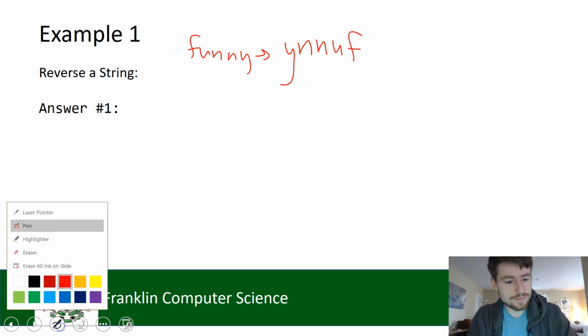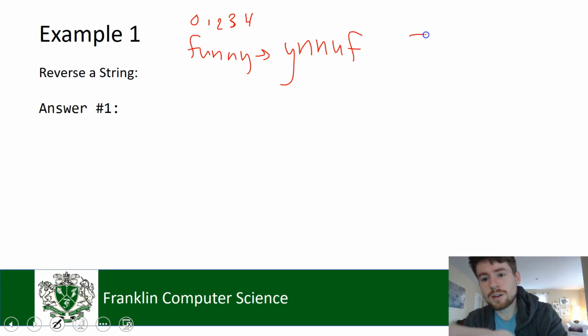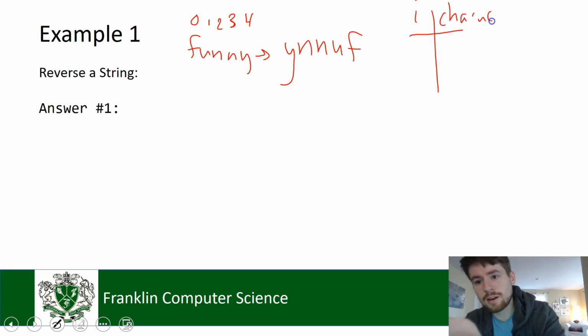So one approach is to say, well, here are my indexes, 0, 1, 2, 3, 4. If we do our typical for loop where we go from 0 to 5, then how could I compute the index? Here's my I, and I want the character index.